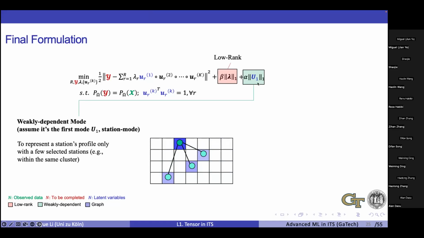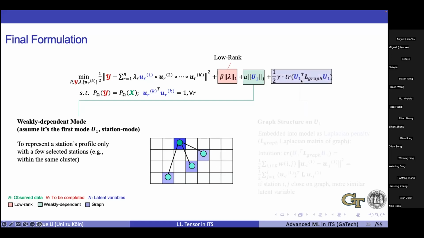So how to achieve that? We add an L1 norm to penalize the summation of the absolute value of each element of U1. Then if we are minimizing the whole thing, those unimportant elements will be penalized to 0. So this is L1 regularization, and it can achieve that.